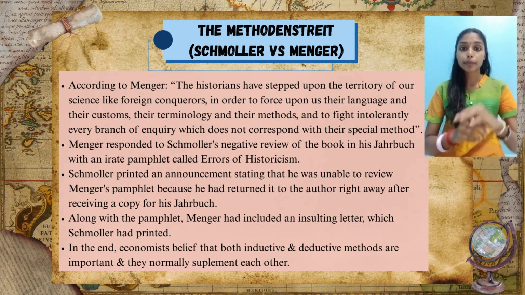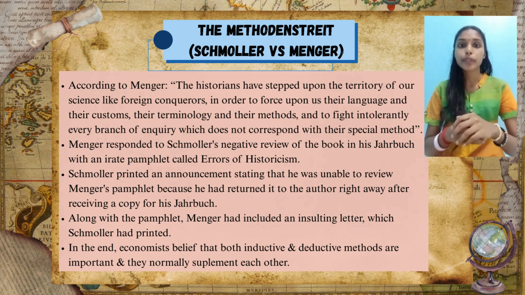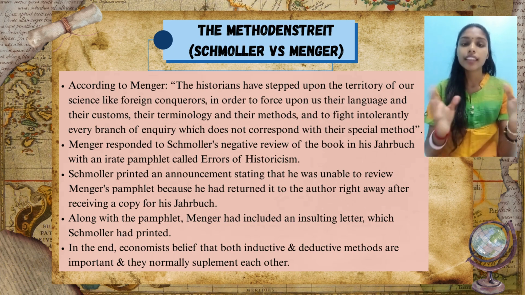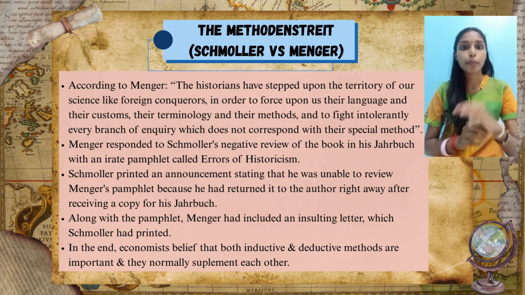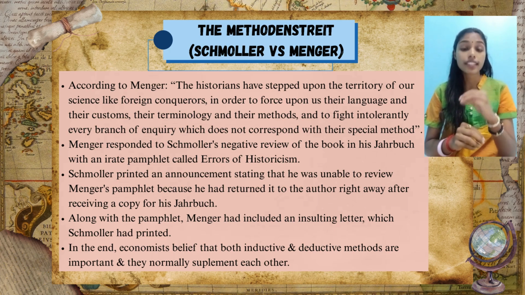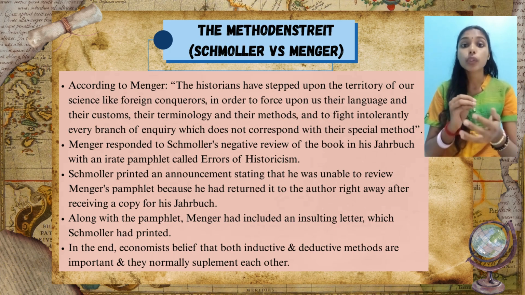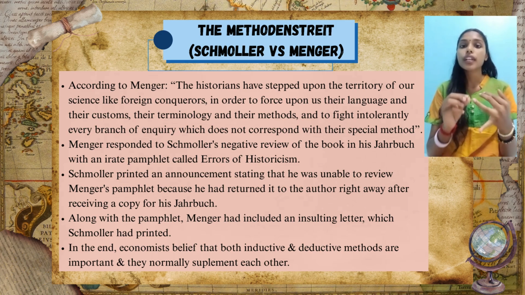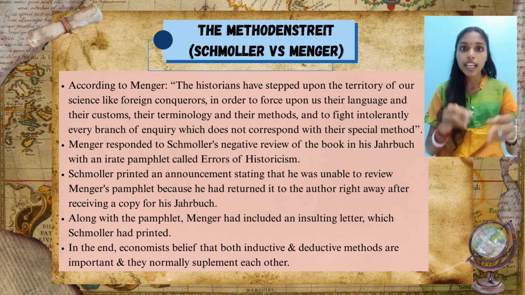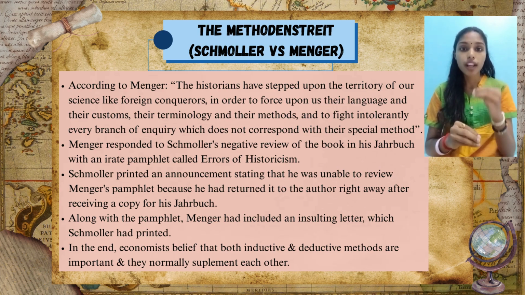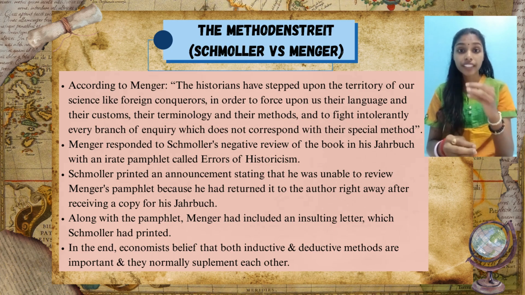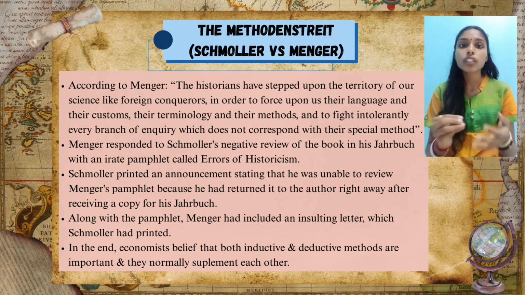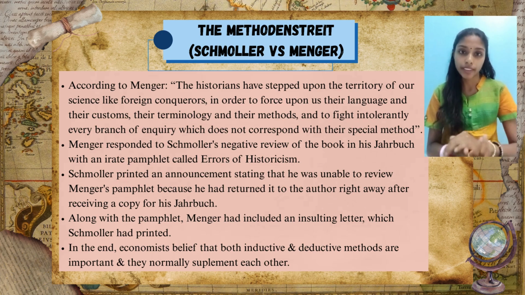Now I want to explain the Methodenstreit between Schmoller and Menger. According to Menger, the historians have stepped upon the territory of our science like foreign conquerors, in order to force upon us their language, their customs, their terminology, their methods, and to fight intolerantly every branch of inquiry which does not correspond with their special method.